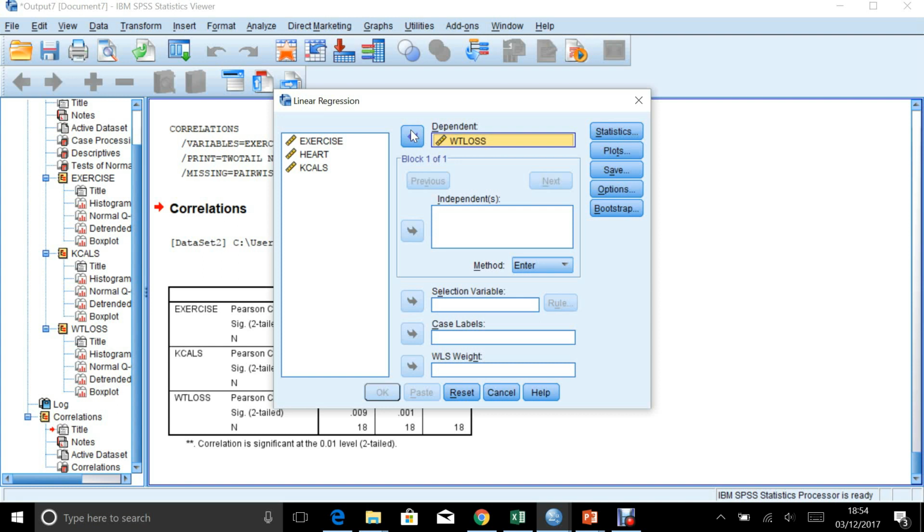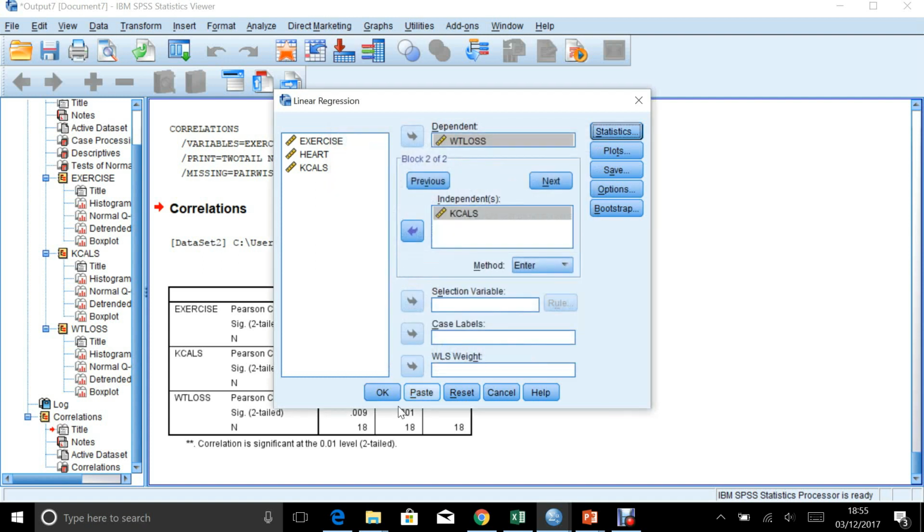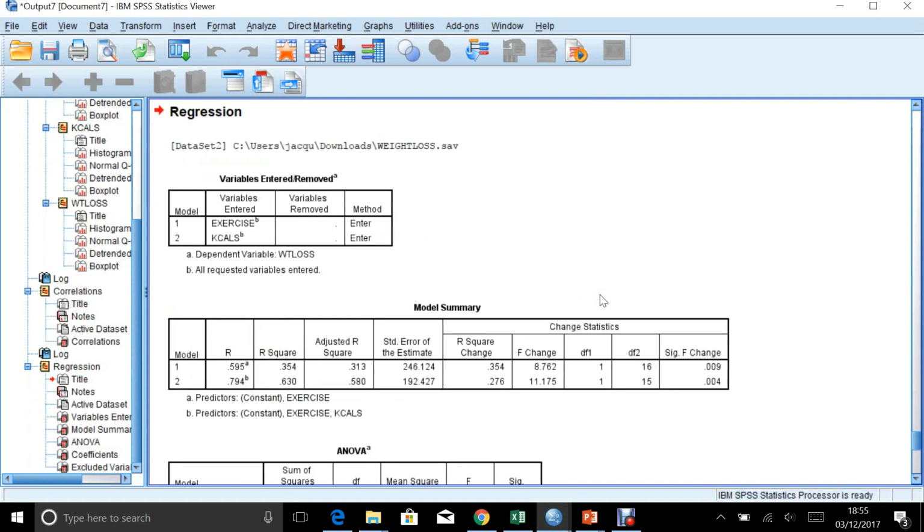Remember, the R-square is the proportion of variance explained by that predictor. So for the first analysis, I'm going to enter exercise first, click next, and then food intake second. I'm also going to ask SPSS to tell me the change in the R-square between block 1 and block 2, and then continue and OK.